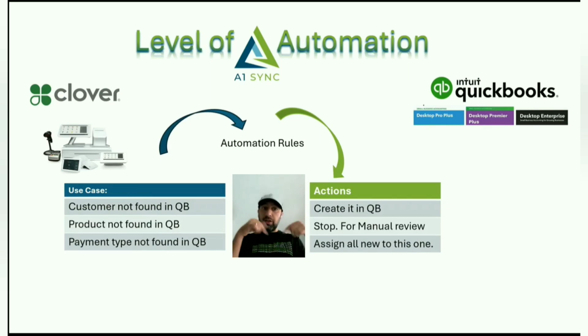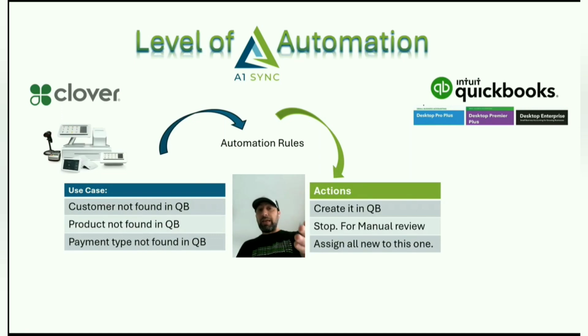Then you figure that out. You look at it and deal with it, but it's already in QuickBooks. But the stop for manual review won't even take it to QuickBooks. It'll stop on the A1 Sync interface, and it'll enable you to manipulate that data whichever way you want before it goes into QuickBooks.